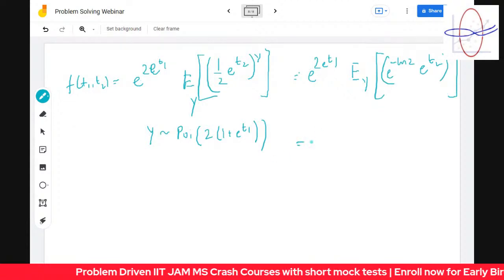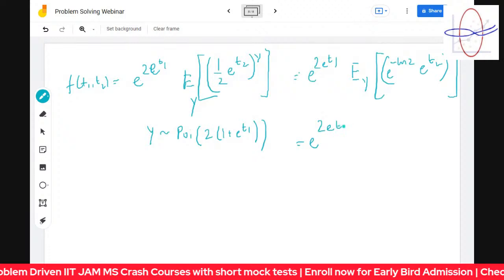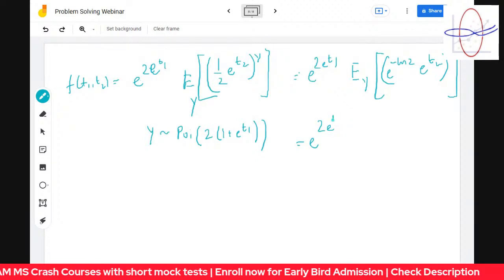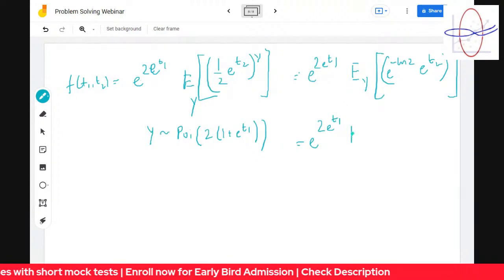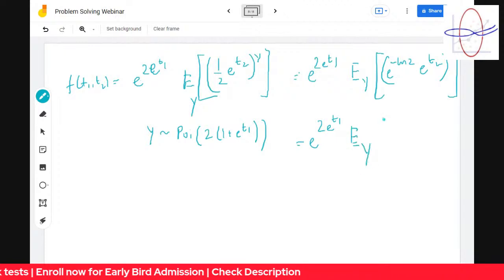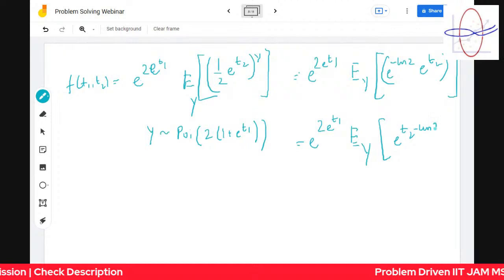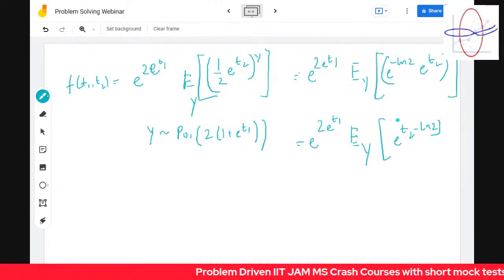So you can write e to the power 2 e to the power t1, expectation of y, e to the power t2 minus log 2, whole to the power y.